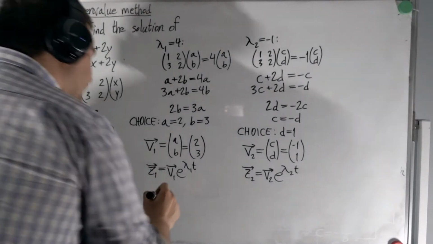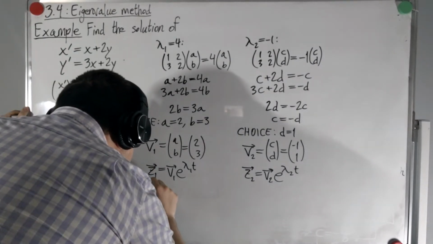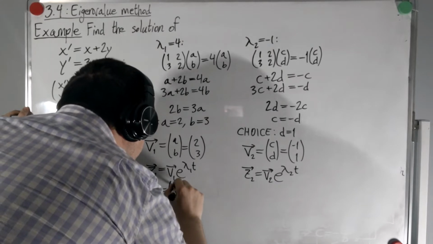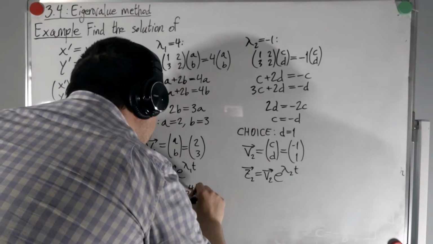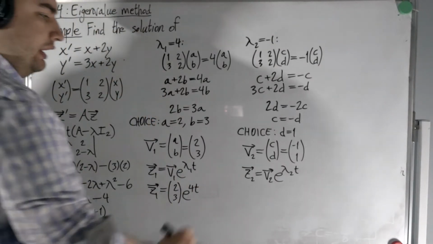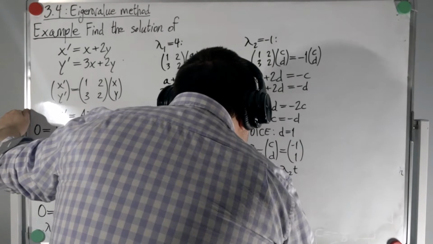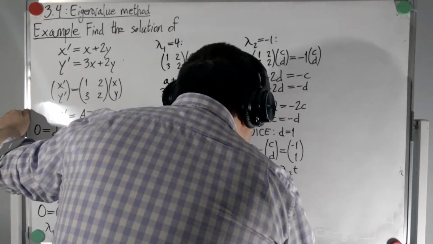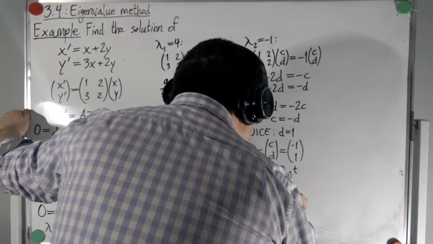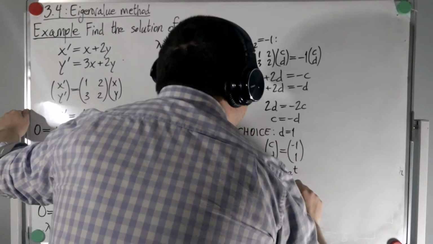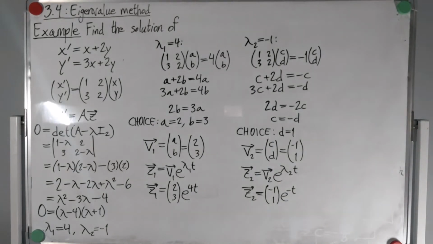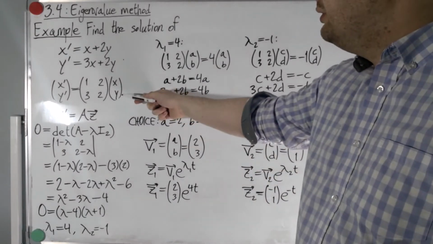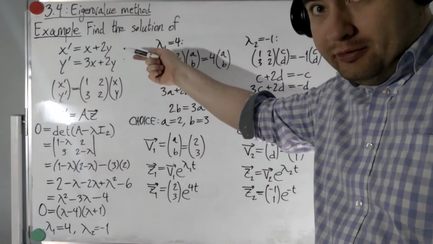In our case, this is going to be z1 vector equals 2, 3 times e to the 4t, and z2 vector is going to be negative 1, 1 times e to the negative t. And as we discussed at the end of the last lecture, these are both solutions of this vector ODE, therefore of this system, of course.